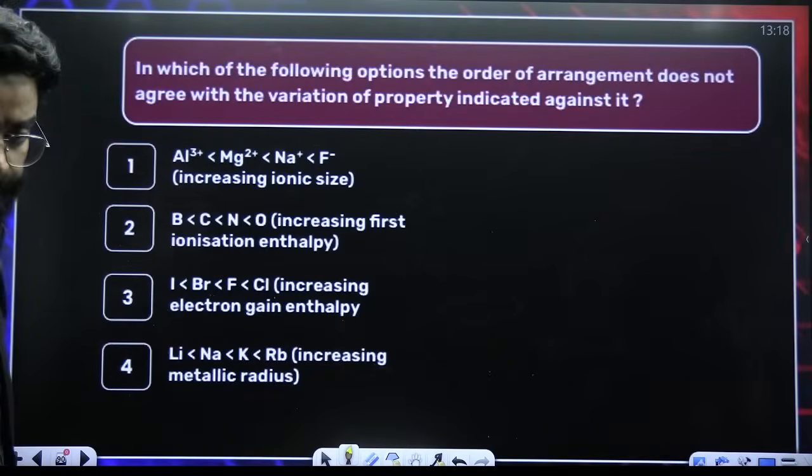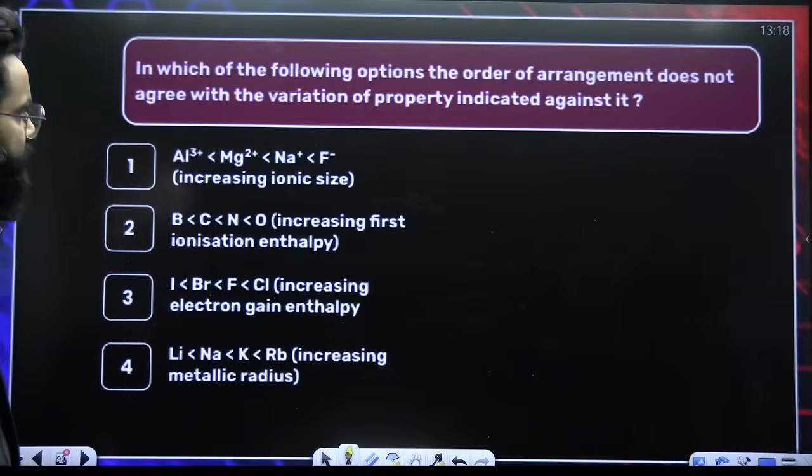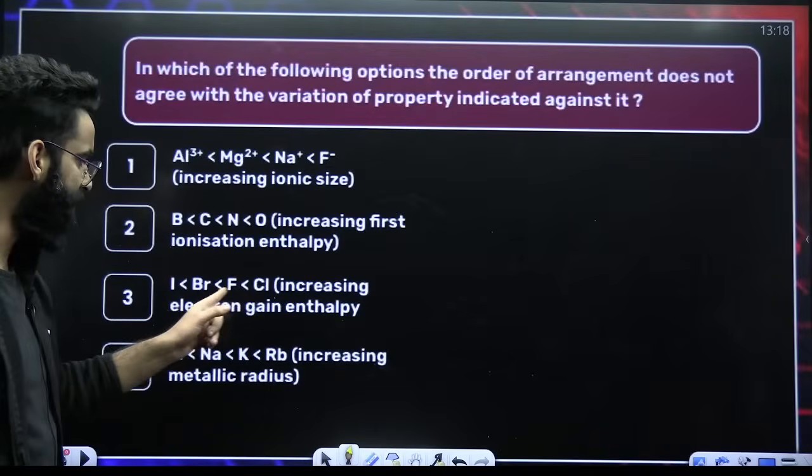Look at this particular question. In which of the following options does the order of arrangement not agree with the variation of property indicated against it? Is this the electron gain enthalpy order?